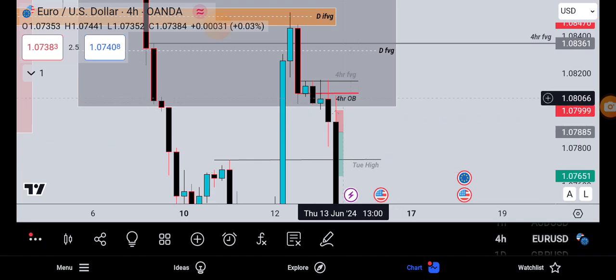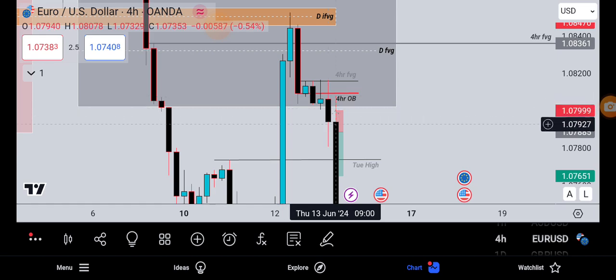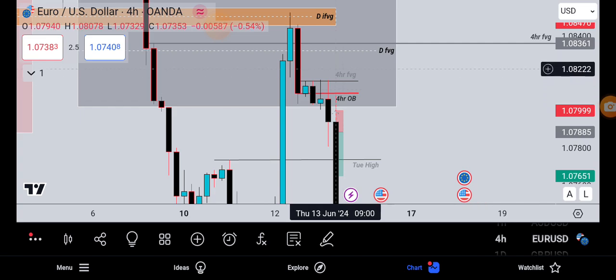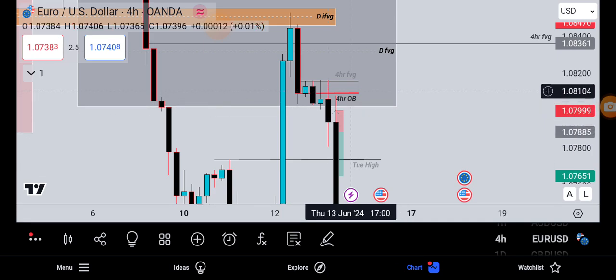After noticing that, we had a PPI news at around 8:30. This is the candle that I was watching, and what happened during this time is the PPI news rallied higher back into this 4-hour fair value gap. You can see these candle highs. We had a dip into this 4-hour fair value gap, and then it rallied lower, closing below this 4-hour order block.